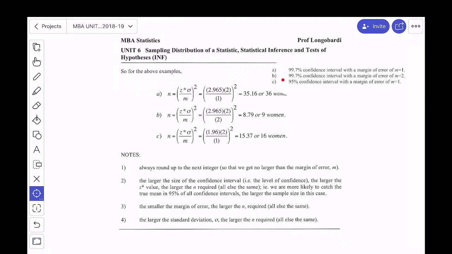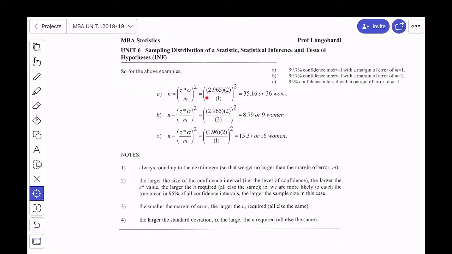What about the next two? This is 99.7% confidence interval with a margin of, no, sorry, the first and the last. So different confidence levels, but the same precision in the margin of error. So these have the same 1 for M, but I've changed the confidence level. So more confidence, it's going to be a wider interval than here.